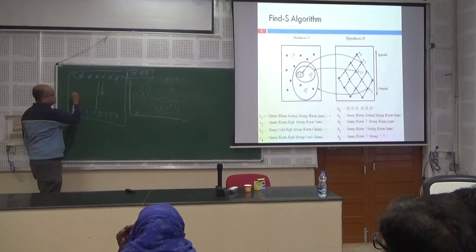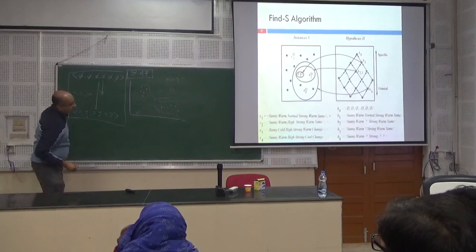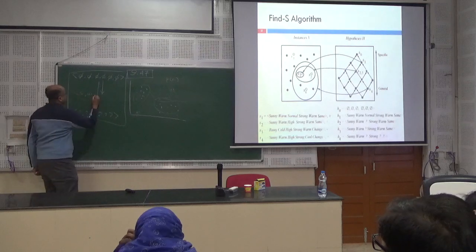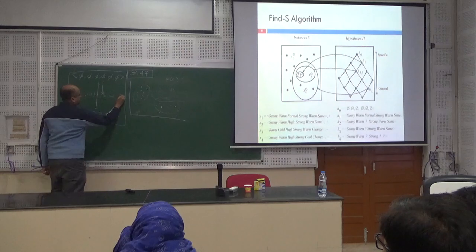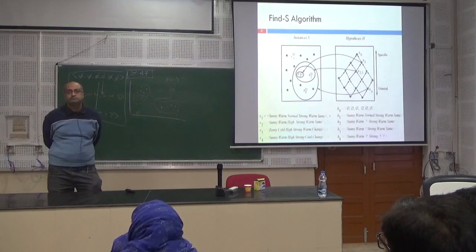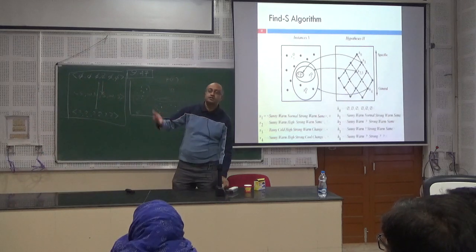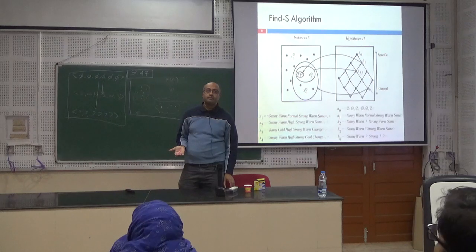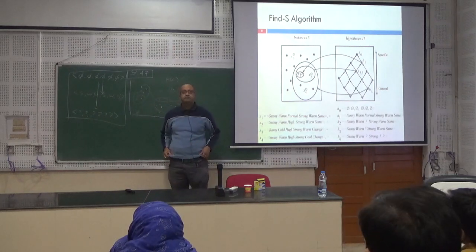Now this is sunny, warm, normal, strong, warm, same. So now my search space has shrunk. And I want to keep doing this progressively, till hopefully it converges to the real thing.